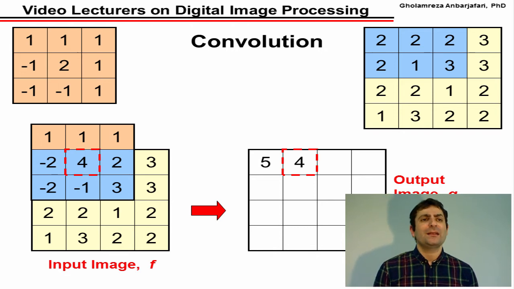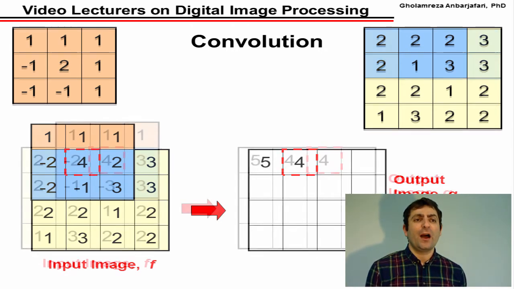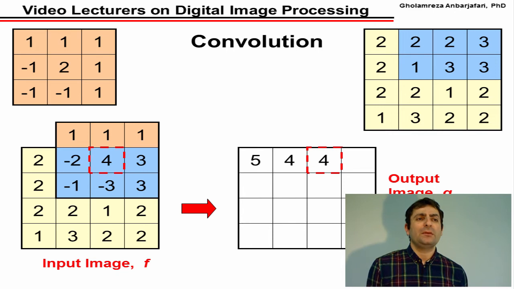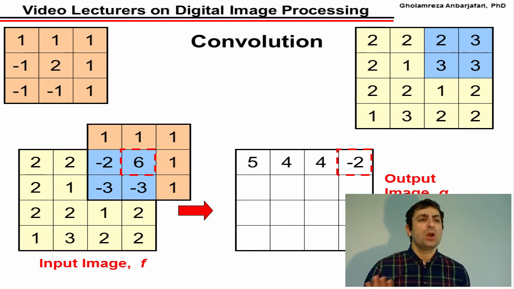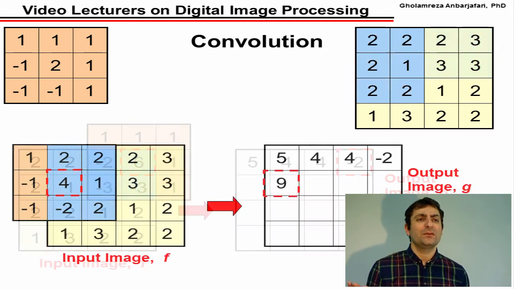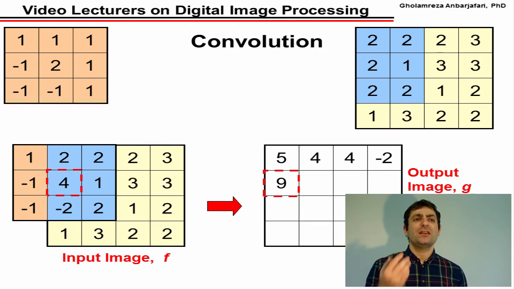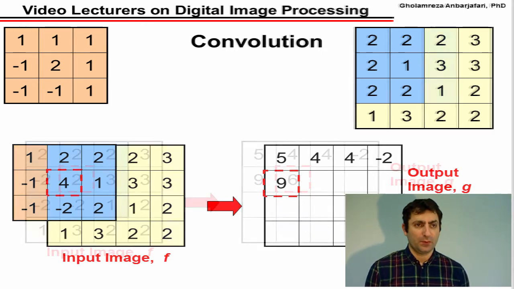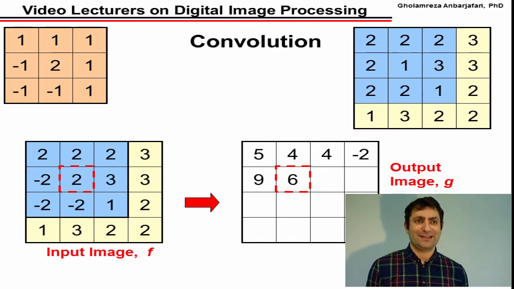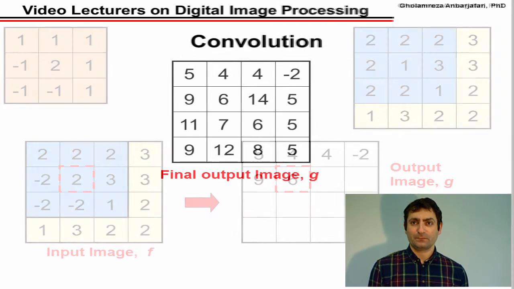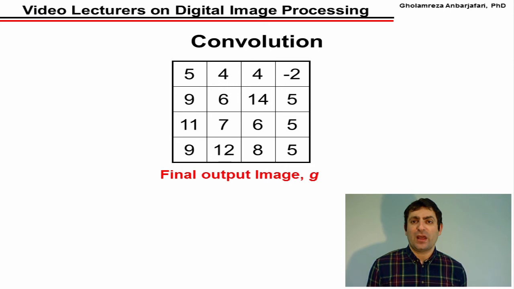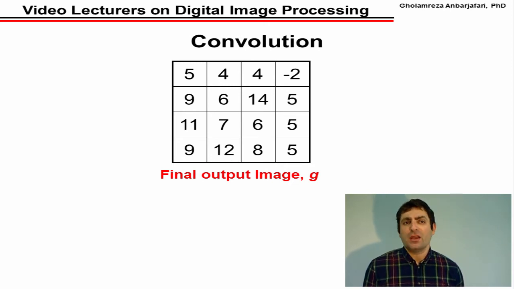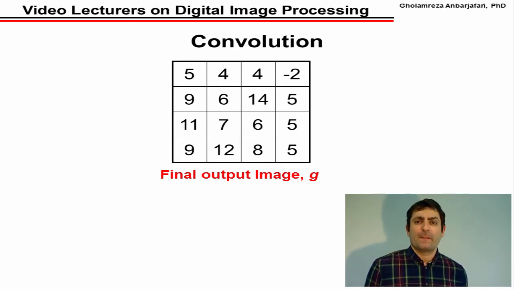And by doing this, the first new pixel value is 5. We do the same thing for the next one, and we get the next value. And we have to continue this for all the pixel values that we have. So the new image, the final output, can be calculated, and this is the result. Now, I have shown you in the slides a few of the calculations, but you can try to calculate the rest at home.